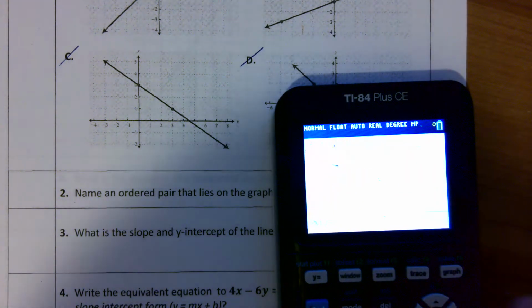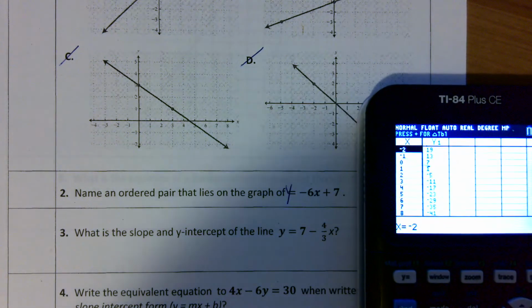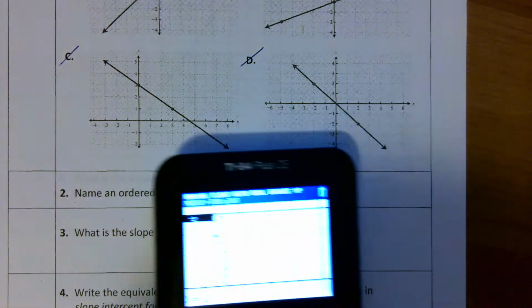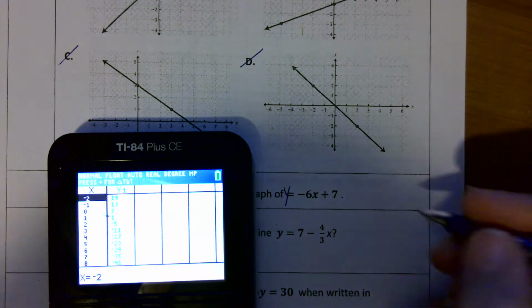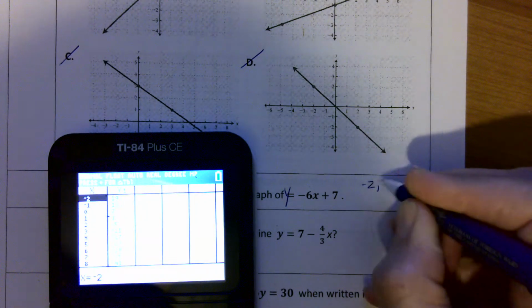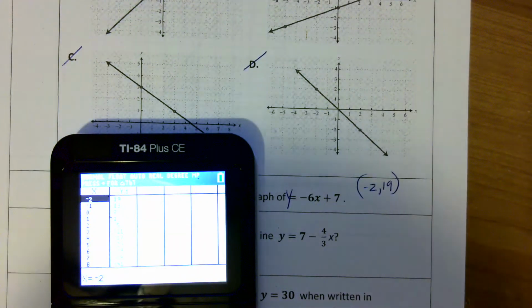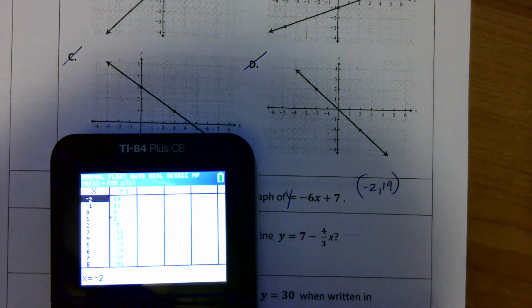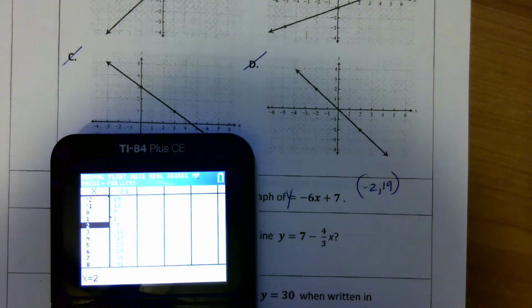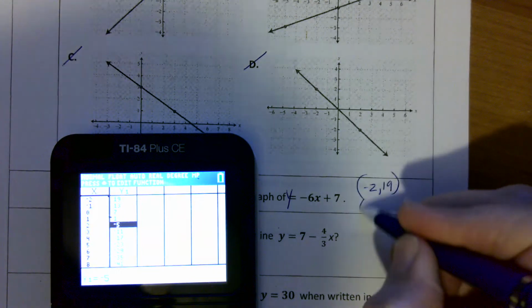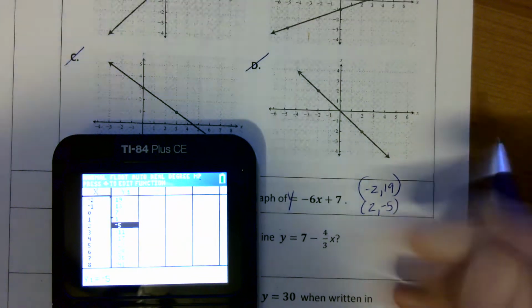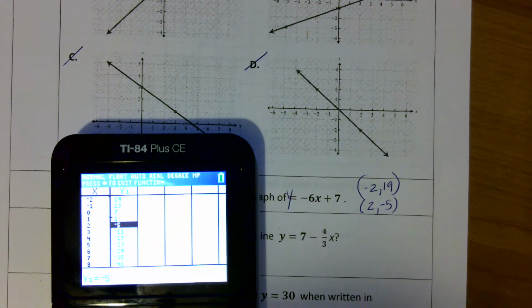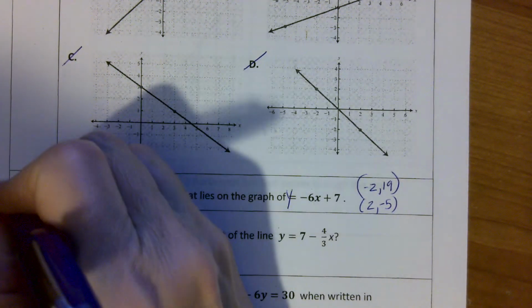So second graph, and now you can pick any one of these ordered pairs. I could say -2, 19, and when we write an ordered pair, we always put it in parentheses. I could say, you know what, 2, -5. Okay, whichever one of these pairs you wanted to write. So I'm going to go with 2, -5.